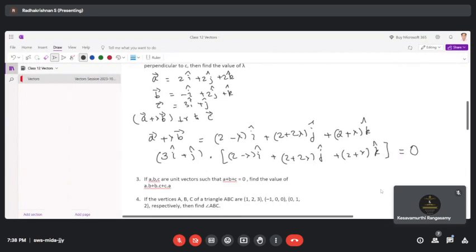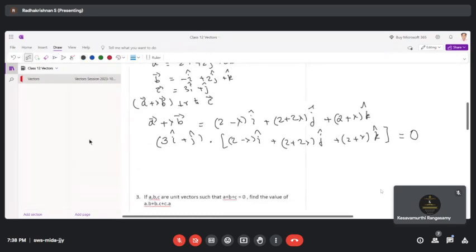So dot product is 0 when two vectors are perpendicular to each other. So what is the scalar product? Formula for scalar product: suppose this is A1, A2, A3 and this is B1, B2, B3.